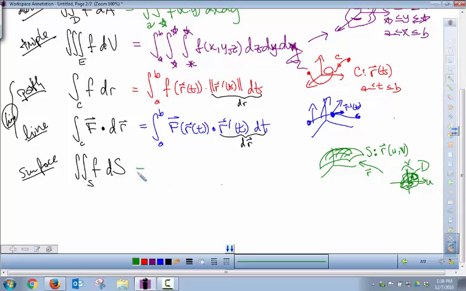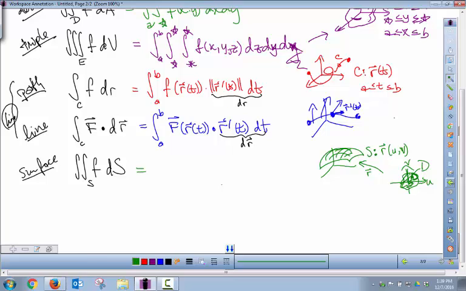Yeah? So can you say that the parameterization collapses? You could say it collapses, but you have to be careful. You could say it collapses down on the XY plane if that's how you parameterized it.